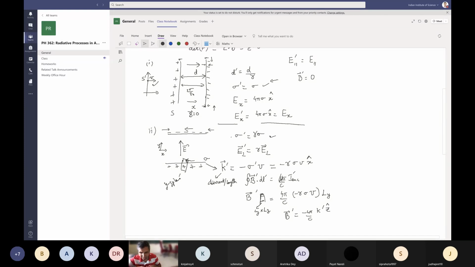Let's see if at least the direction matches. Because the current is in the minus x direction, if I make an Amperian loop, B is into the board, which is the minus Z direction.